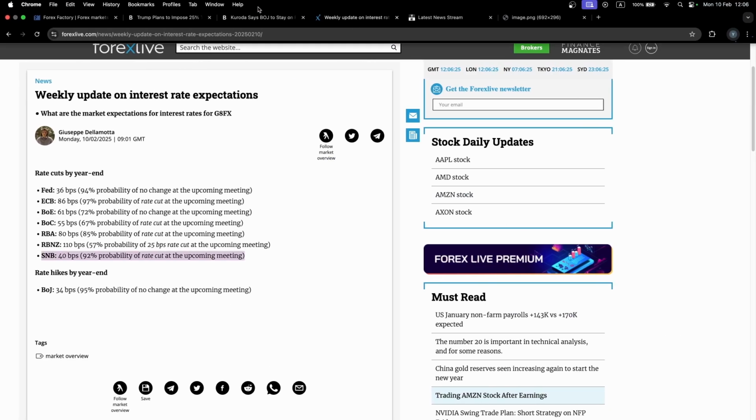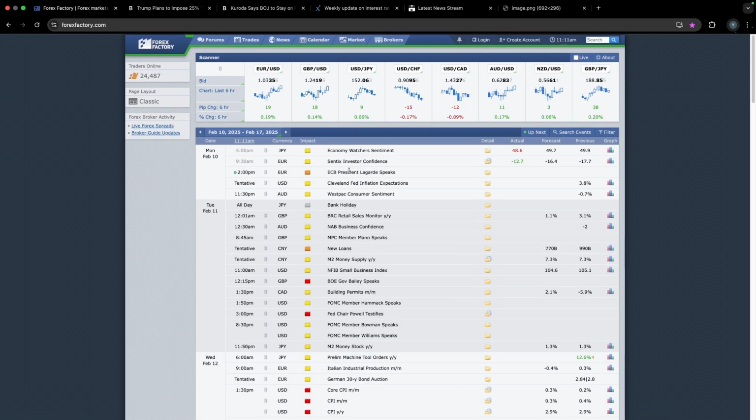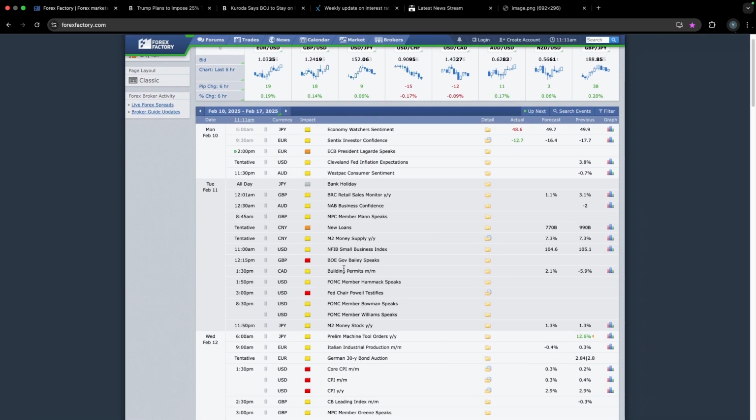So, having a look at next week's data, we see many of the governors are going to be having speeches. The Governor Bailey from the Bank of England, Jerome Powell is going to testify to Congress on Tuesday, so that'll be very interesting to watch.